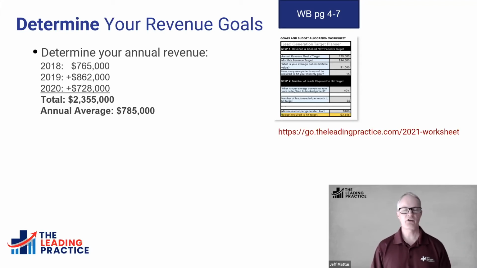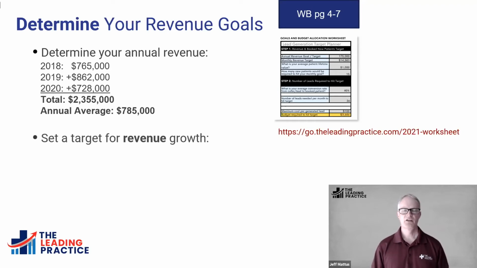We take the total of all that, we get 2,355,000. So we divide that by 3, and now we have our annual average revenue. And we see why that's important, because if we wanted to say, I wanted to grow by $1 million this year, that wouldn't necessarily be realistic, because that is over 100% growth. And typically companies just don't do things like that.